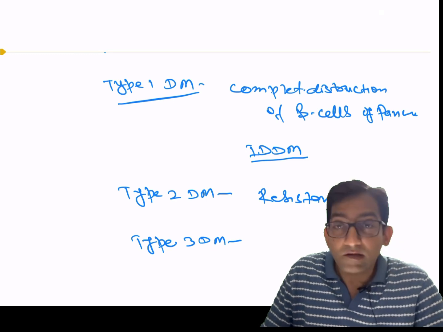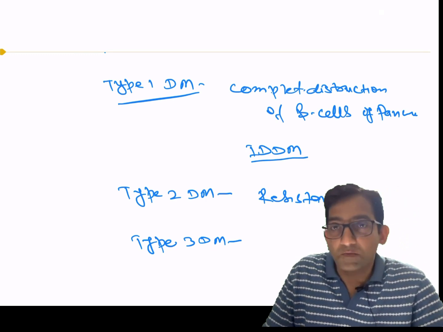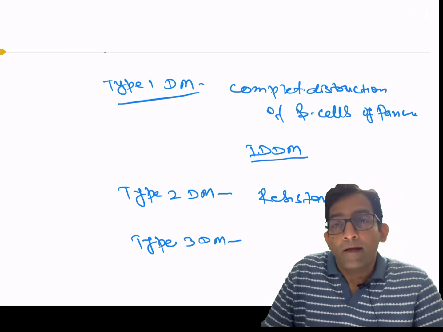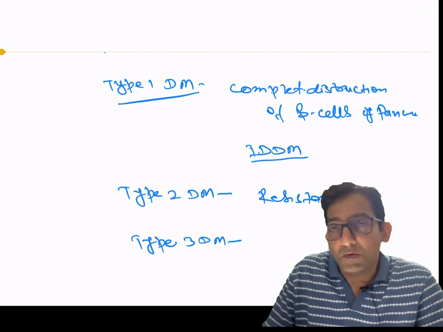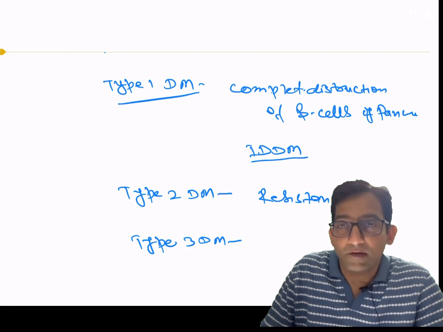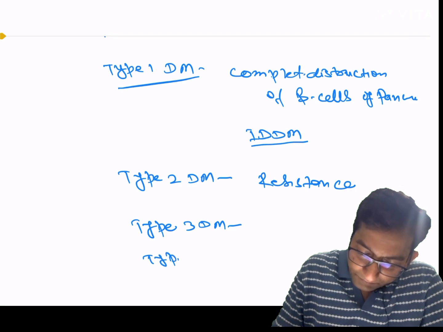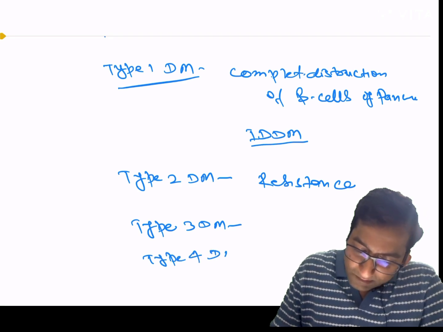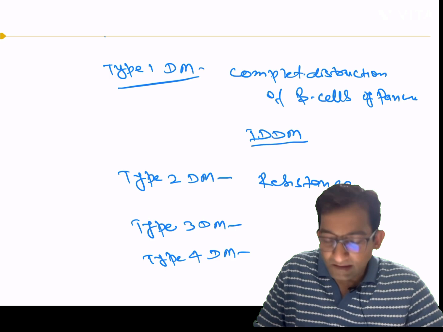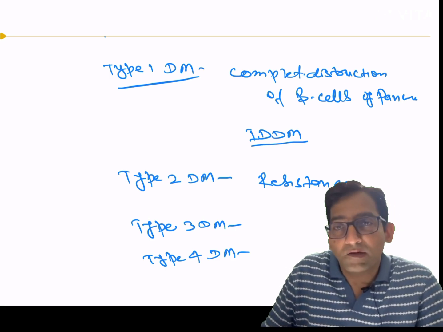Generally, this occurs because of pancreatectomy, maybe pancreatitis, and maybe the use of drugs like corticosteroids may cause type 3 diabetes mellitus. Now, the fourth type of diabetes mellitus is called gestational diabetes mellitus. That is an abnormal glucose level during pregnancy.